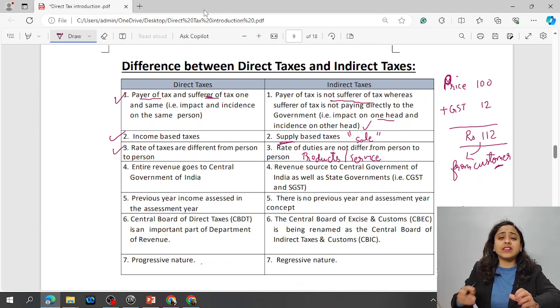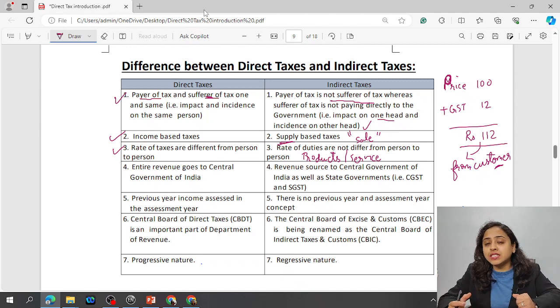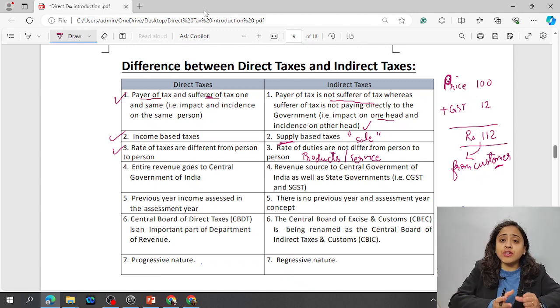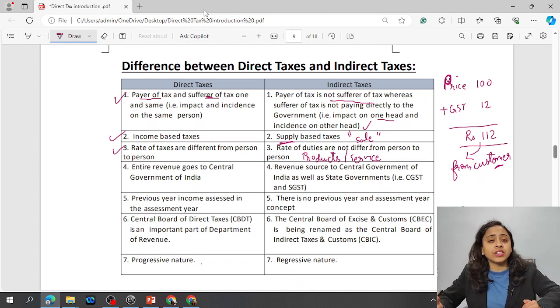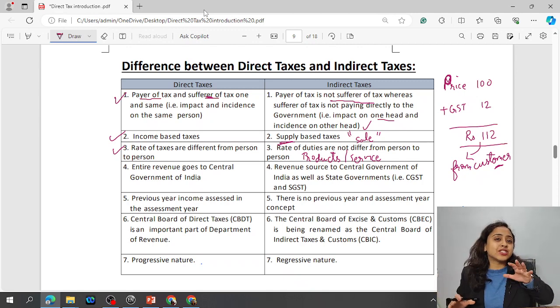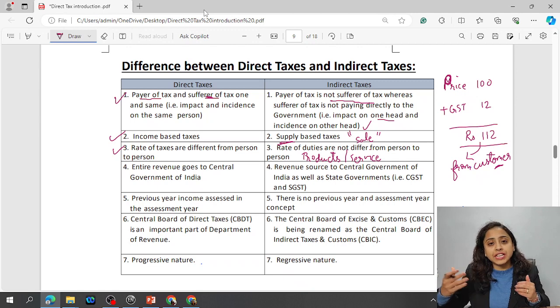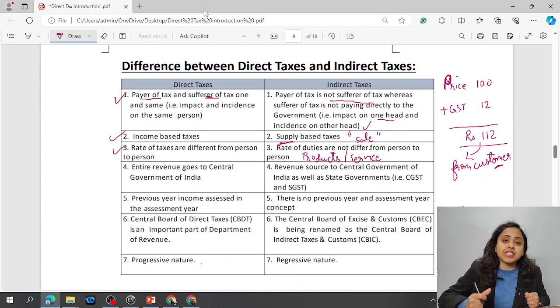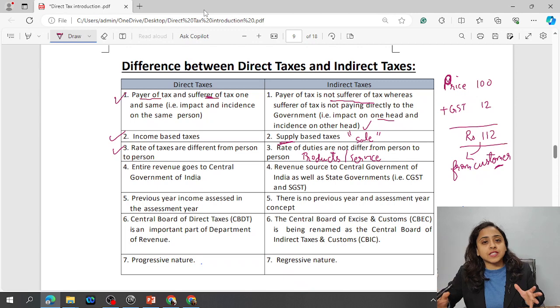Now, whether it's a small local seller or a national level business selling that particular service, whether the turnover is 50 lakhs or 50 crores, indirect taxes do not differentiate on the quantum. Instead, they differentiate upon the product and type of service.